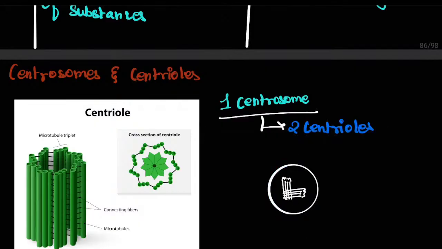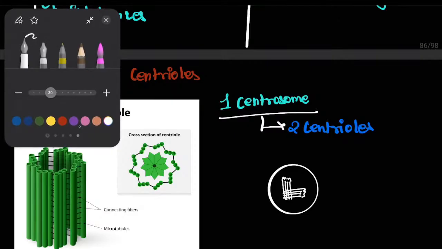This one is one centriole, and this is another centriole, which are surrounded by a cloud of amorphous pericentriolar material called centrosphere or kinoplasm. Here you can see that it will have some substances.